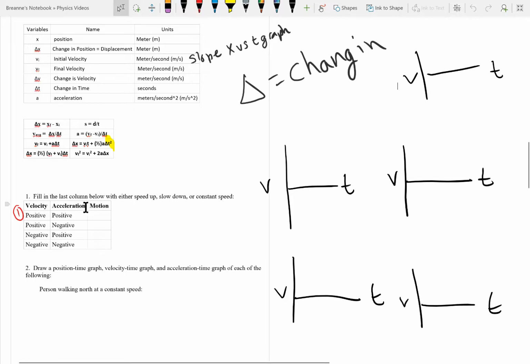We have velocity. That velocity is telling you direction. Your acceleration is telling you to look at your slope.